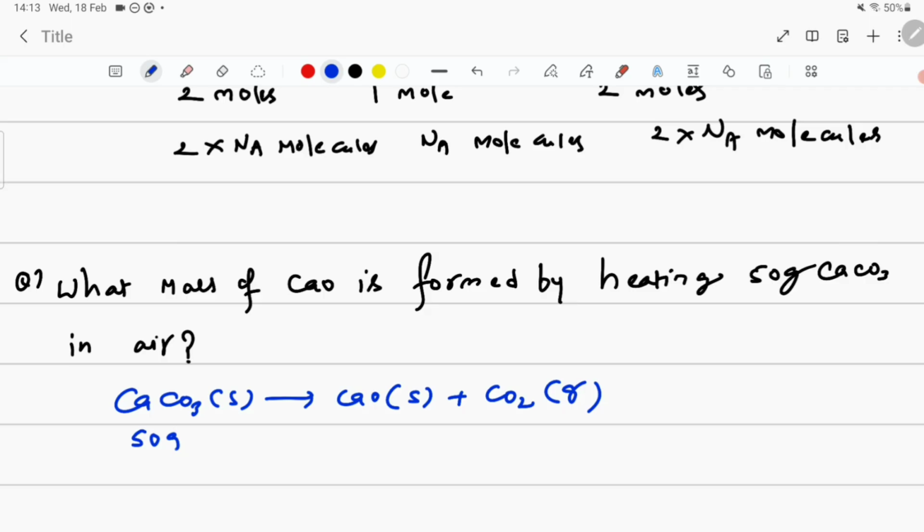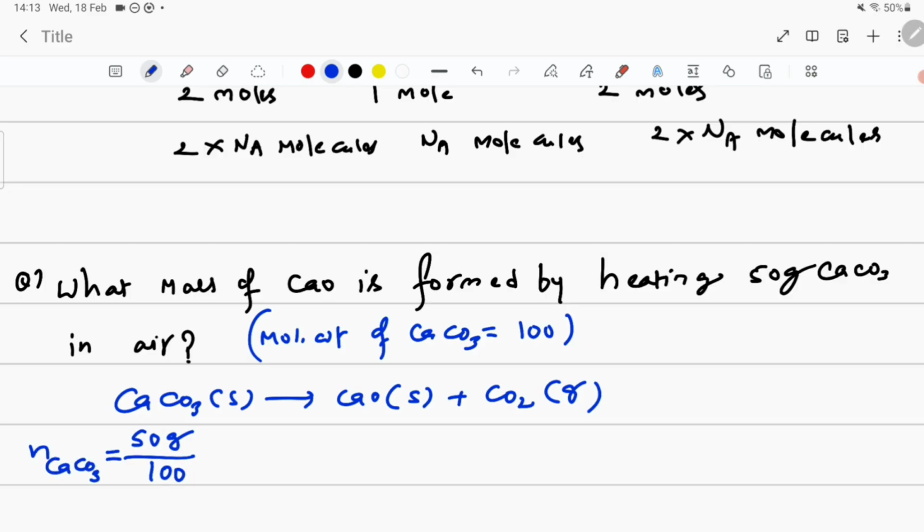Here it is given as 50 grams, and the molecular weight of CaCO3 is given in the question, that is 100. If I convert the 50 grams into moles, it is given mass by molecular mass. So the number of moles of CaCO3 is equal to given mass 50 by molecular weight 100, so overall we are getting 1 by 2 moles.